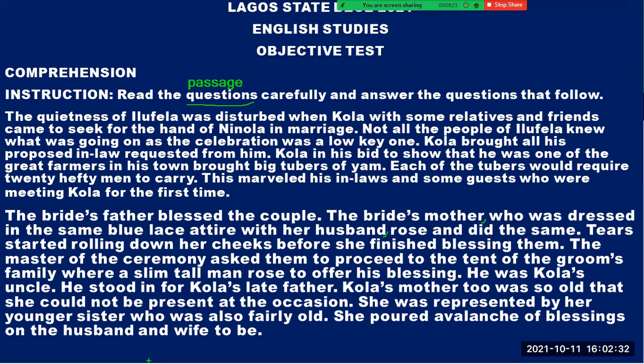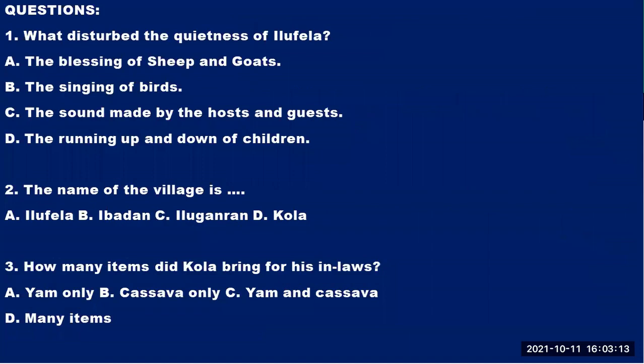If you check other videos we uploaded on how to answer comprehension questions in the senior school certificate examination, you will also find that there are different types of comprehension questions, but those relate or are more relevant to the senior level. However, when we go through the questions, we will also analyze the various types of comprehension questions that we find at this level. So let's go straight to the questions and attempt to solve them.